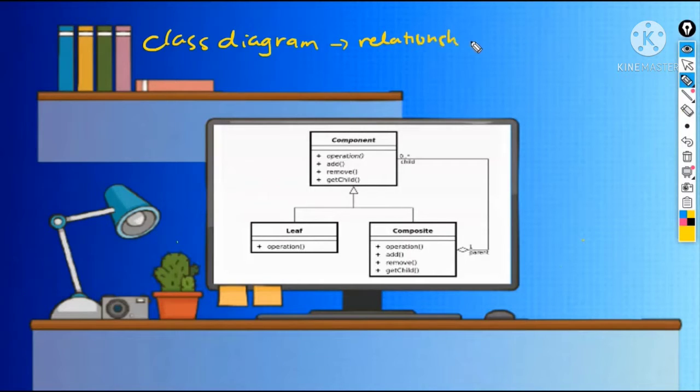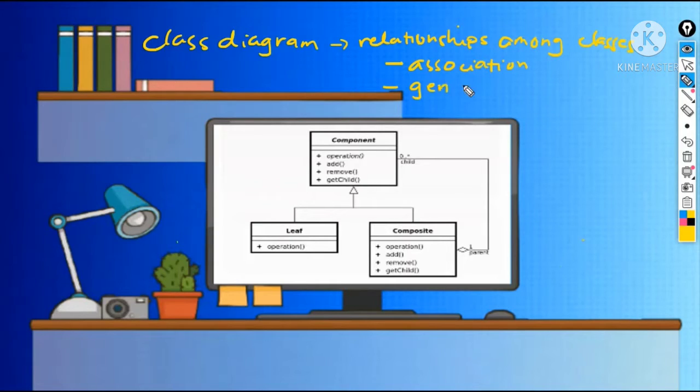Relationships of objects. So you have association relationships. So this is what we've discussed previously.